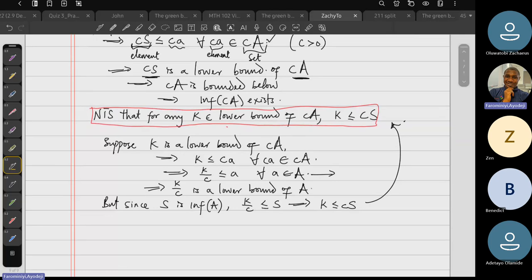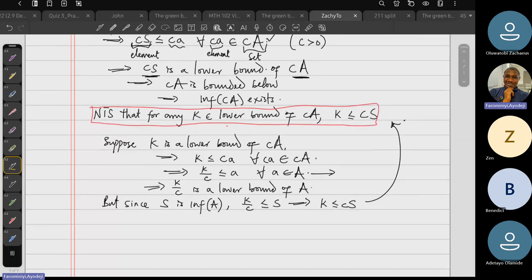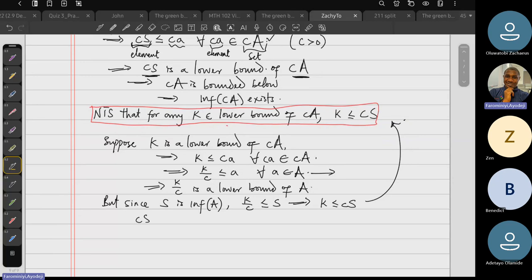So K is less than or equal to CS, and K was chosen to be arbitrary. K is a lower bound of CA, an arbitrary choice. So this implies that CS is greater than or equal to, let me just write it in symbol, any lower bound.